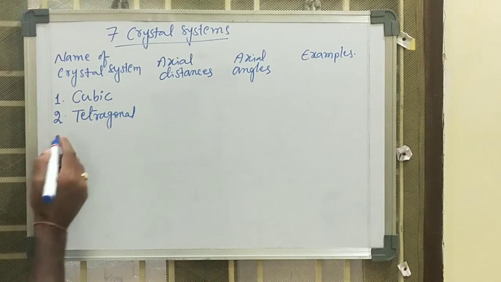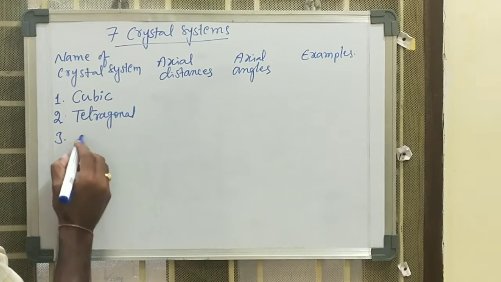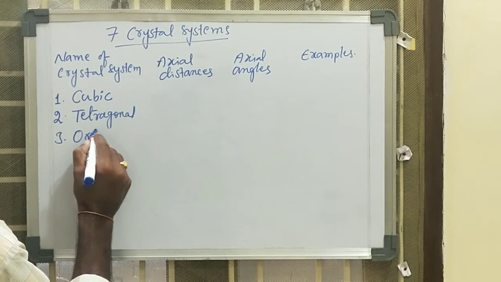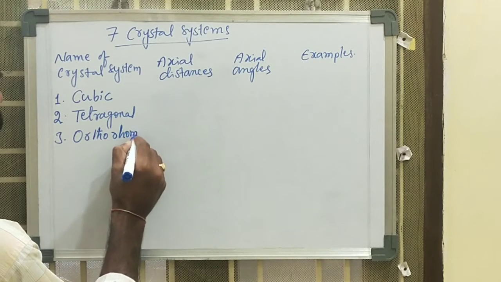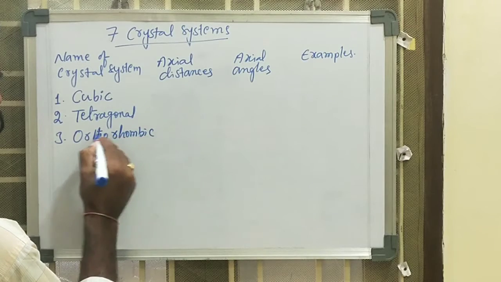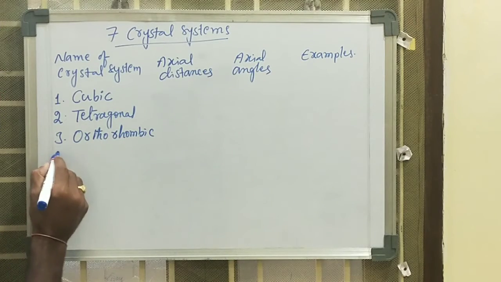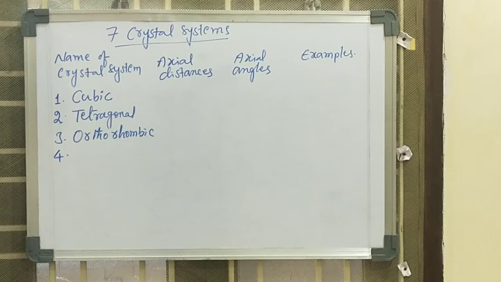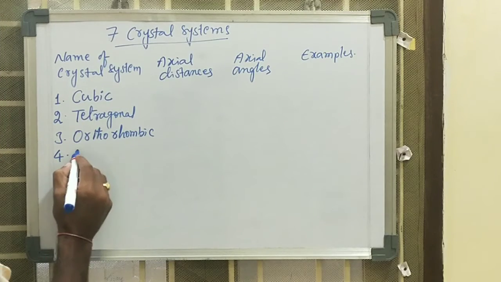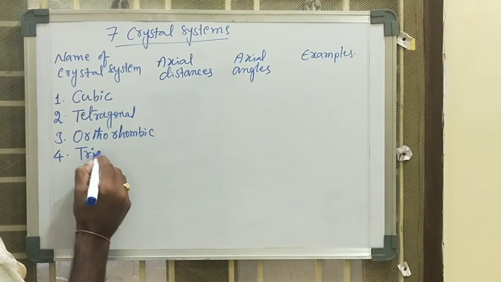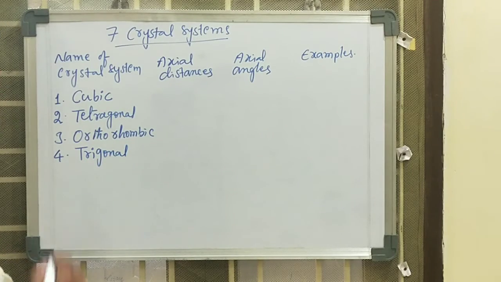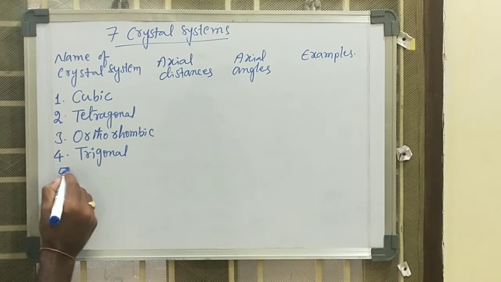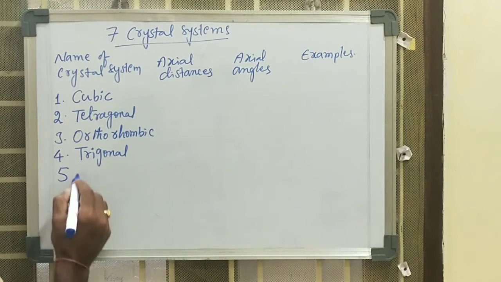Third is orthorhombic. The fourth is trigonal. The fifth is hexagonal.